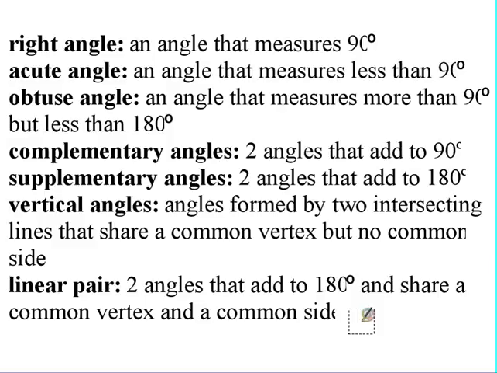Now, on today's homework, you're going to have some true and false questions towards the end. You need to think if you can find a counterexample. If you can, that makes the statement false. If you can't, that makes the statement true.